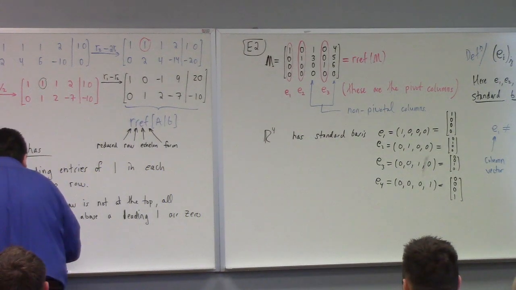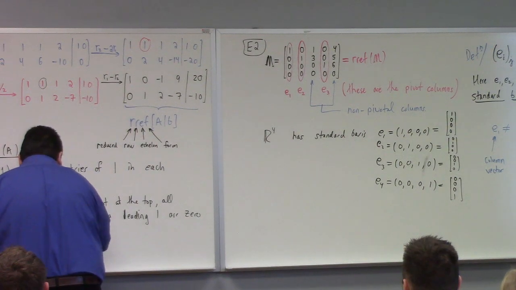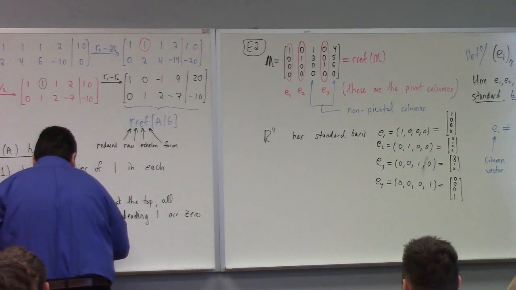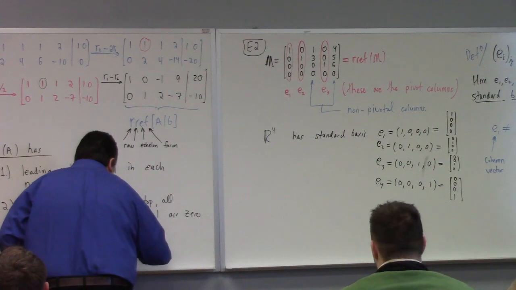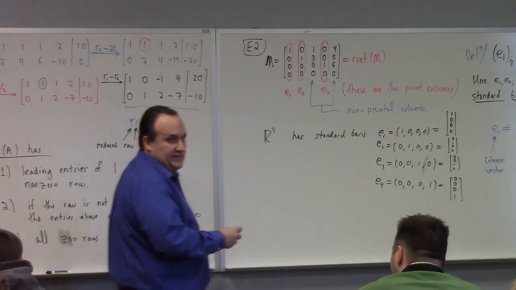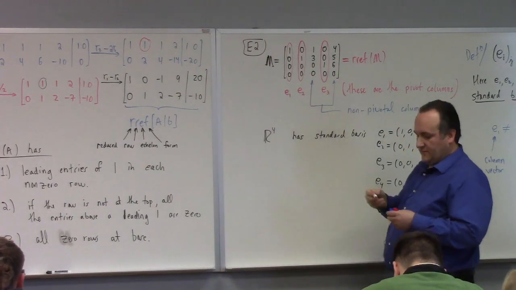So you see there's a 0 row here? It's at the end of the matrix. All right.